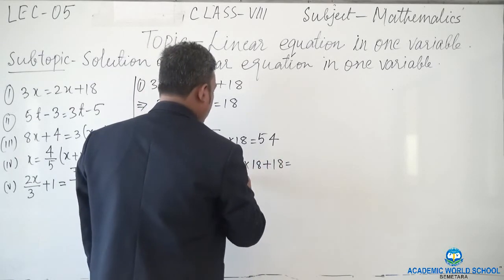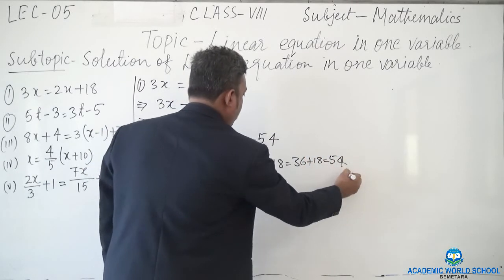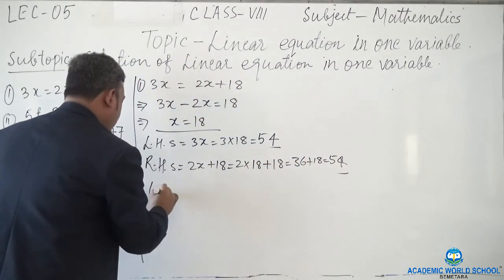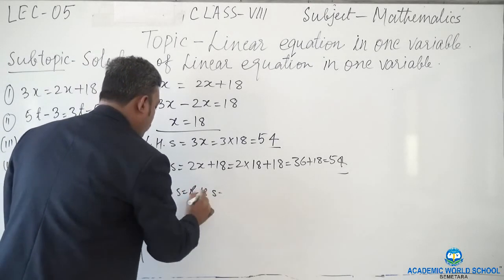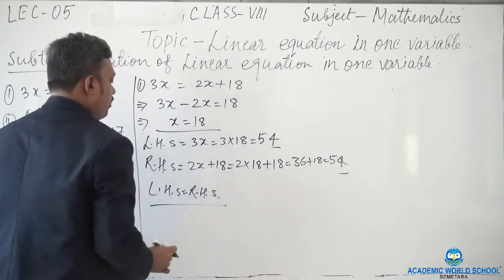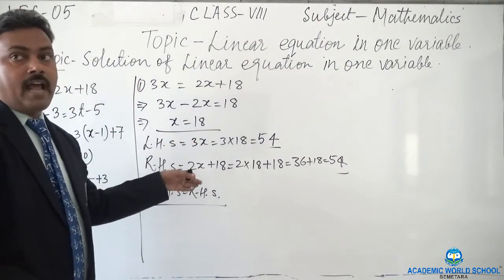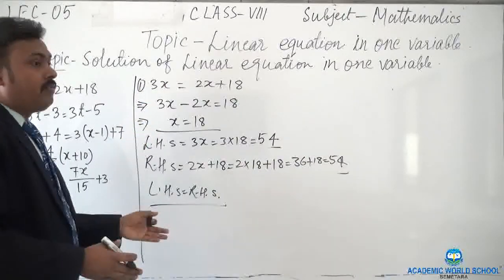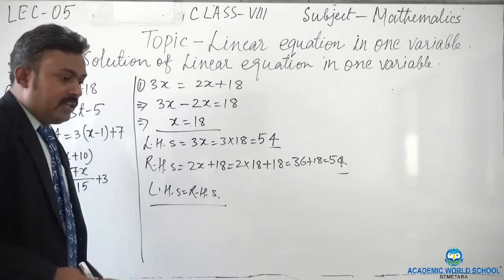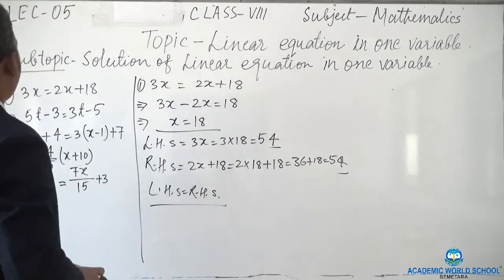So here 2 into 18 is 36, plus 18, which will be 54. Now see that LHS and RHS both are equal, right? Both are equal, which means 18 is such a value which will make the left hand side and right hand side equal if we put it in the left and right hand side of the equation. So 18 is the solution of this equation.